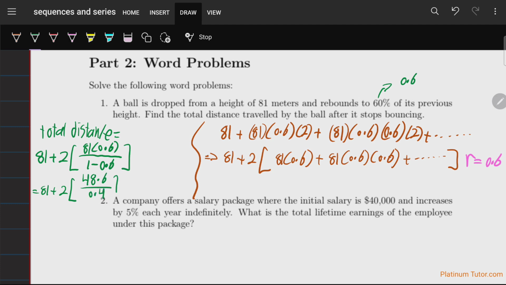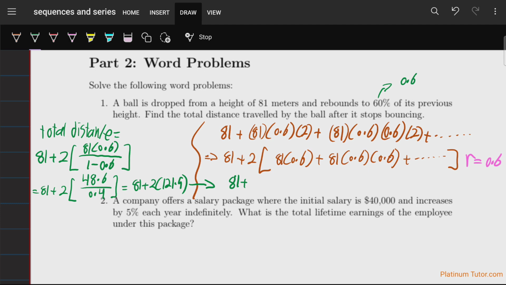Okay, so let me calculate this. So 81 plus 48.6 divided by 0.4, that's 121.5. So we have 2 times 121.5, and I'll continue it here. It's a little bit messy, but I think we'll get through it. So multiply that by 2 and add, I'll do that in the next step.